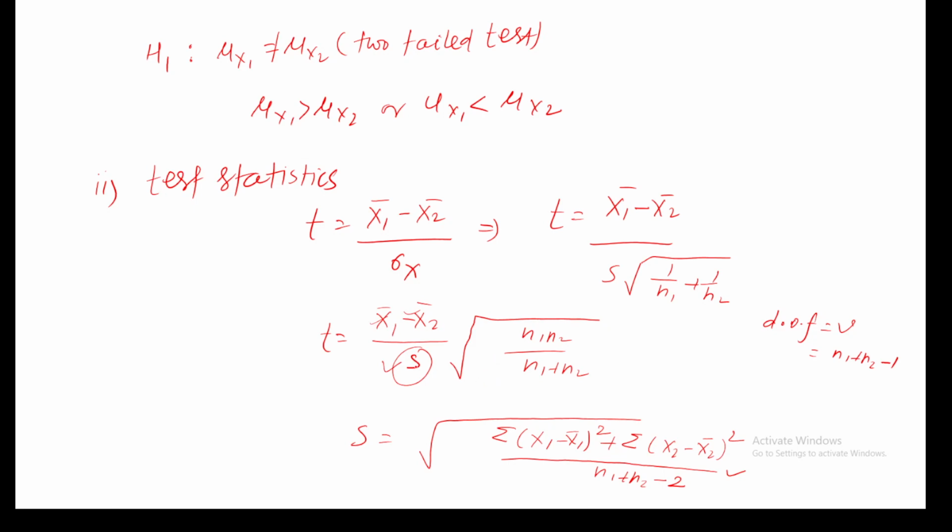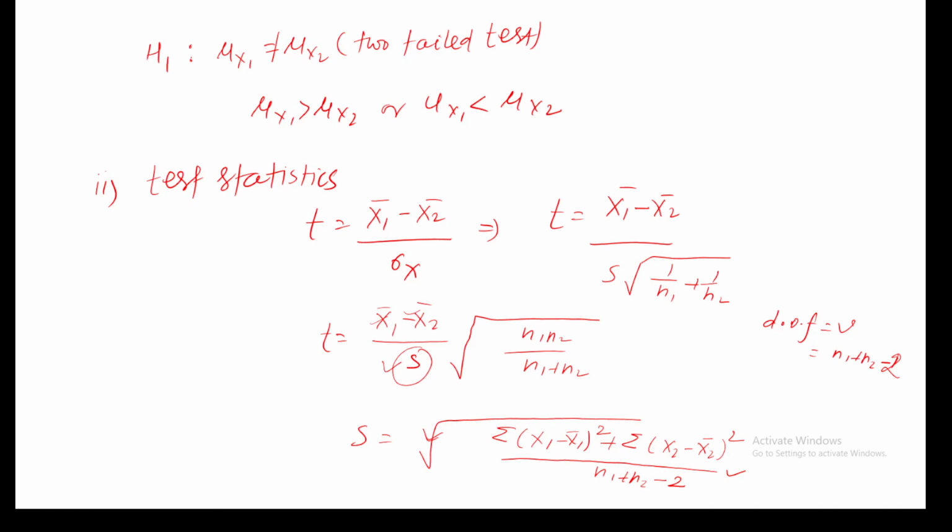If standard deviation is not given, apply this formula. In the standard deviation formula the denominator is n1 plus n2 minus 2. The degree of freedom I wrote as n1 plus n2 minus 1, no, sorry, it's 2, because there are two samples.